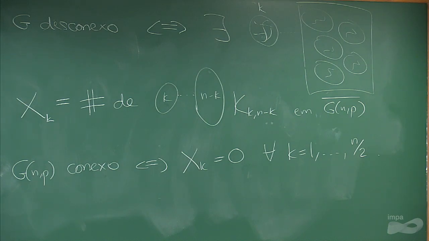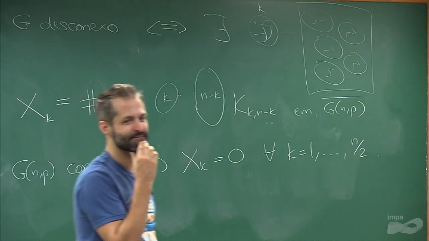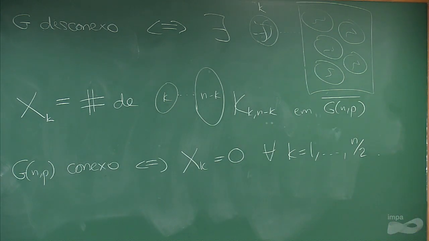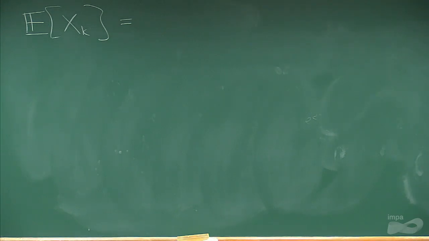What is the expected value of xk? Sorry, is the strategy clear? No questions? OK, so tell me the expectation.